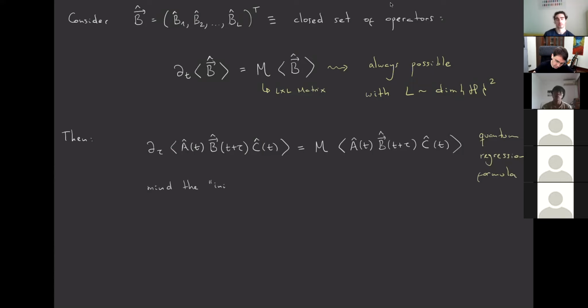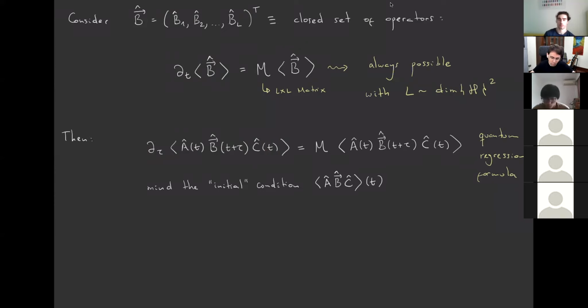So I call it initial with quotation marks, because as you see, we are doing the derivative in the time difference tau, but we still have the label t. So in this equation, the initial condition is actually the expectation value of A, B, C at time t, so for tau equals 0.